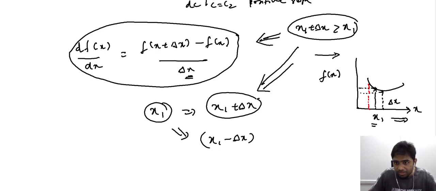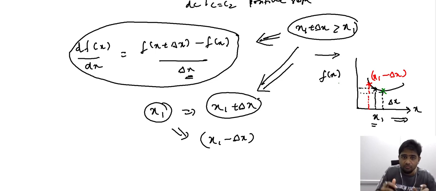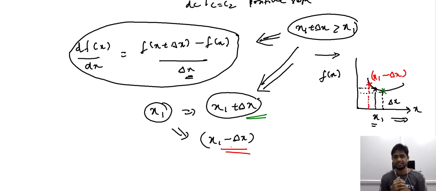This point here is x1 minus delta x. So we have two points, one in red and the other in green. So far we have been considering the green one, wherein the next point is x1 plus delta x. However, it is also possible for us to consider this point, x1 minus delta x.